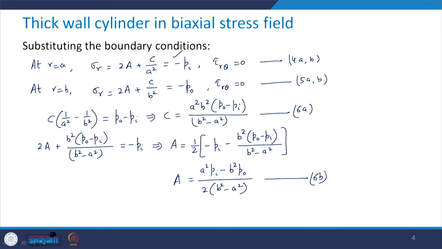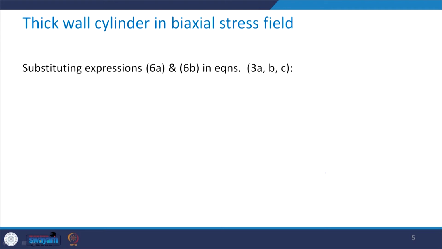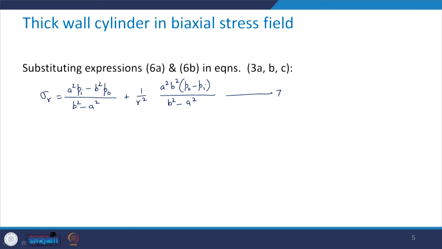Now you substitute these expressions 6a and 6b in equations 3a, 3b and 3c. This is what you are going to get. That is sigma r will be equal to (a square pi minus b square p naught) divided by (b square minus a square) plus 1 upon r square into a square b square (p naught minus pi) divided by (b square minus a square). 7a.